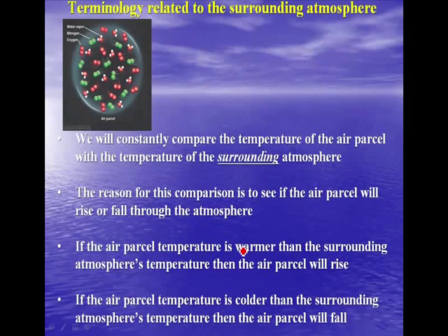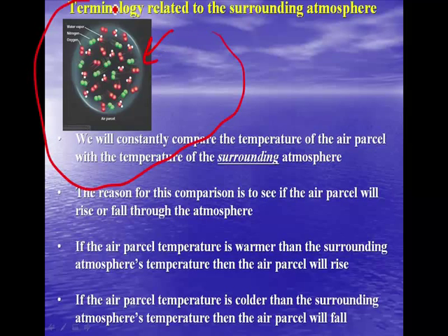Now, this part right here, if you understand what I'm about to talk about in the next few minutes, this chapter will get to be quite easy for you. And you'll probably have to review this particular part of the module several times before the concepts stick. What we're going to do is take this air parcel here, and constantly compare the temperature of the air parcel to the temperature of the surrounding atmosphere.